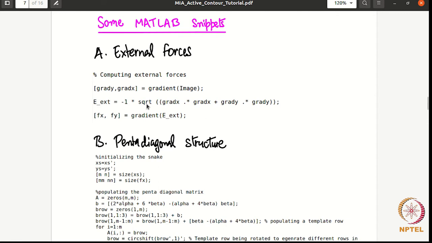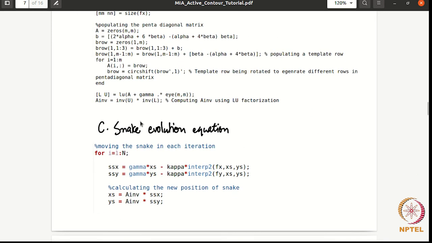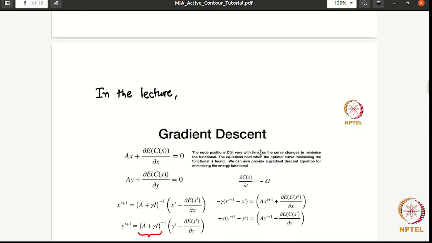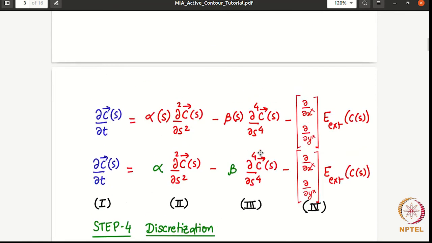Note that here we got fx fy with the help of the gradient, and this fx fy will be interpolated along the snake curves later. We have to interpolate fx and fy along xs and ys. These are the snake coordinates, you remember, because we had this del by del x star term, right?